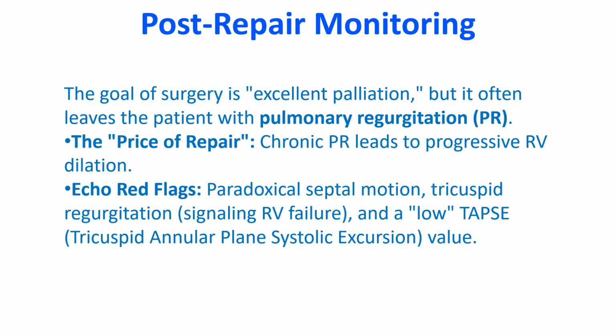Red flag signs on echo may be paradoxical septal motion, tricuspid regurgitation signaling right ventricular failure, and a low tricuspid annular plane systolic excursion that indicates poor right ventricular function. All this can also lead on to arrhythmias. Sudden cardiac death can occur in post-repair tetralogy of Fallot and needs arrhythmia monitoring as well.